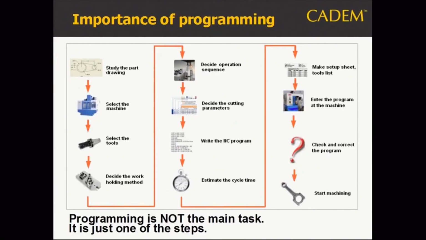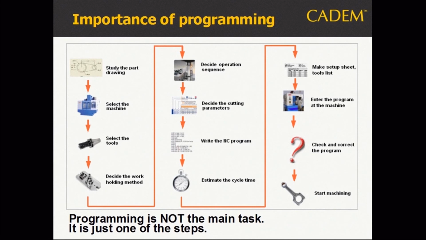From the CNC programs that you saw just now, you have probably realized that CNC programming is not a complex job. A lot of people think that programming is the main job in cutting a part on a CNC lathe. That if you just enter a program on the machine and press a button, the job gets done.